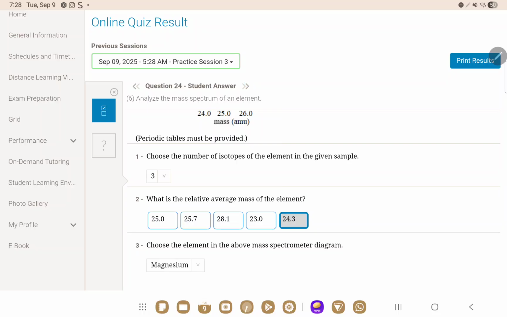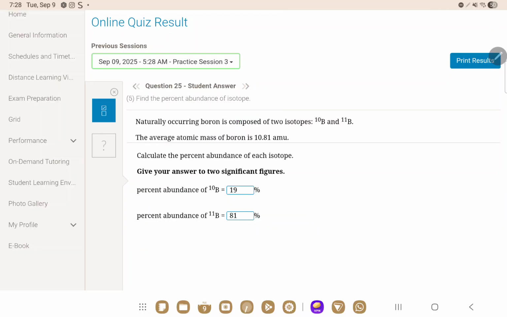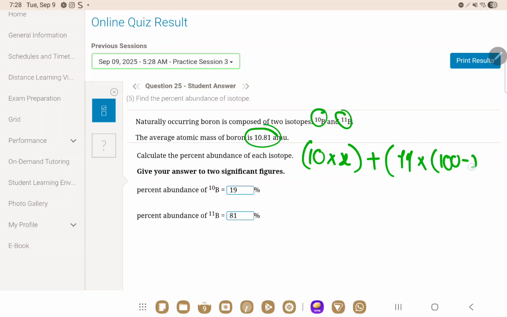So let's move on to the next question. Find the percentage abundance of the isotope, which means you need to know that both of them together, when you do the equation we did before, give you 10.81. So 10 times x plus 11, because these are the masses we have of the isotopes, 11 times 100 minus x, over 100 equals 10.81.